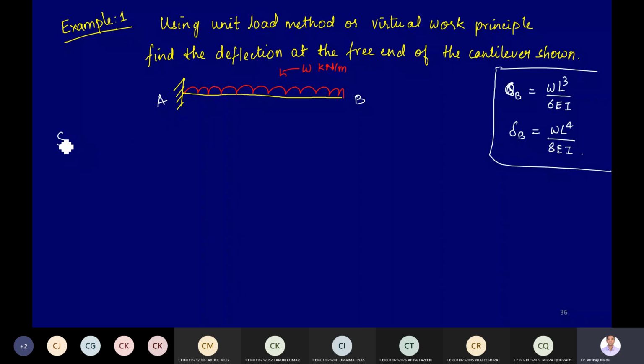So, solution using the principle of virtual work or the unit load method.